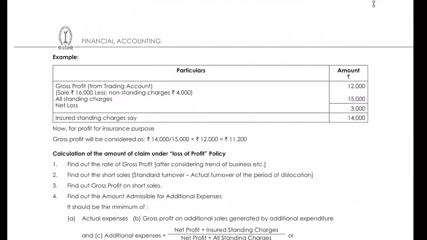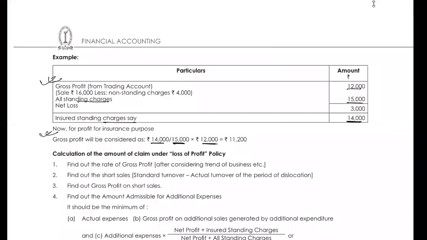See, that if gross profit is 12,000, okay, sales, non-standing charges, and all standing charges are of 15,000. Okay, insured standing charges are of only 14,000. Correct. So see how they have calculated the gross profit. 14,000, that is insured standing charges divided by all standing charges into gross profit.